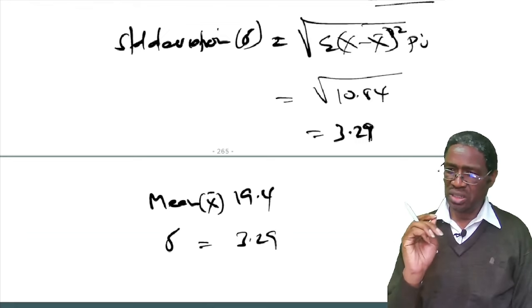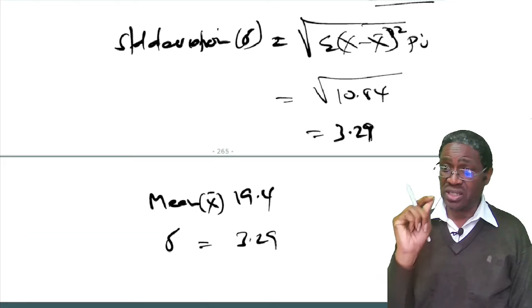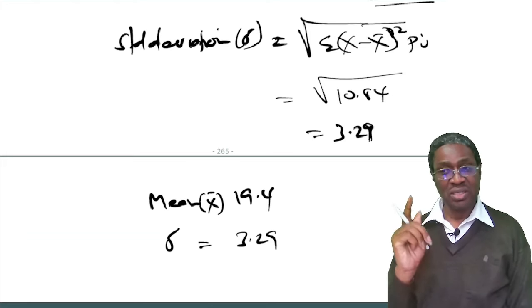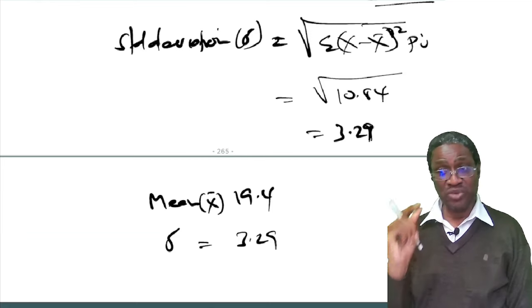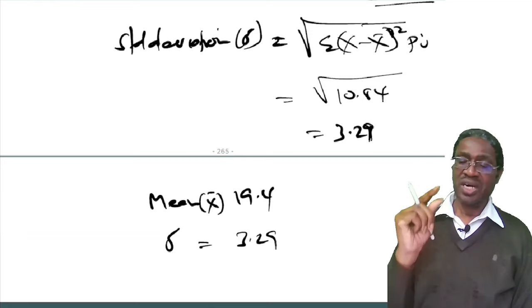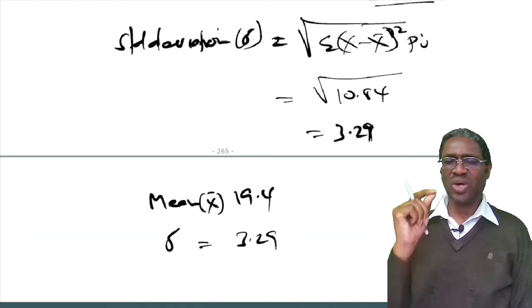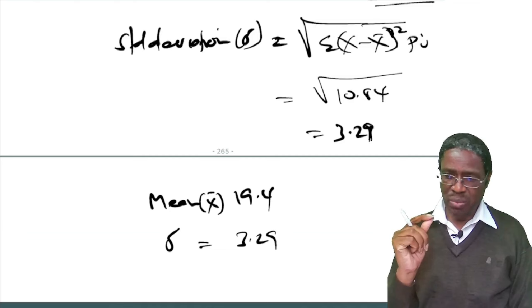Now listen, risk is measured by standard deviation. Don't forget, we looked at the measures of risk and we said there is variance and there is standard deviation. So what is my risk per unit of return?